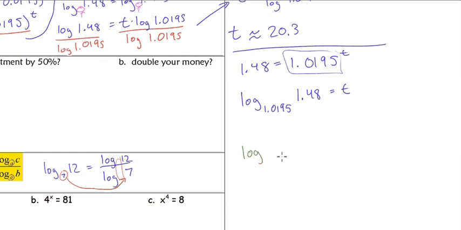So log base 10 of 1.48 goes in my numerator, divided by log base, again, whatever I choose, as long as it's the same on both the numerator and the denominator, log base 10 of, over here it was 7. For us here, it'll be the base here, which is 1.0195. And that's equal to t.